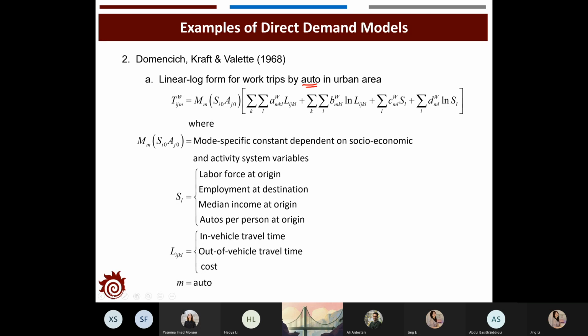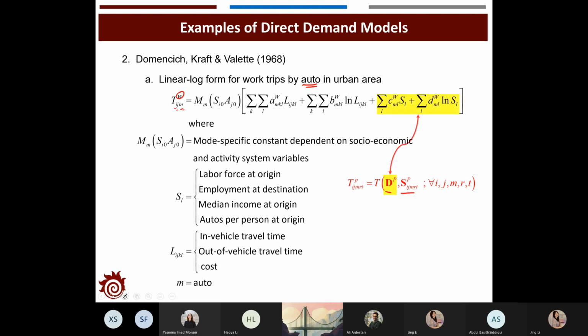model, and it shows the number of trips traveling from origin I to destination J with mode M, which would be auto, and with the purpose of work. In this equation, you can also link it back to the demand and supply inputs.